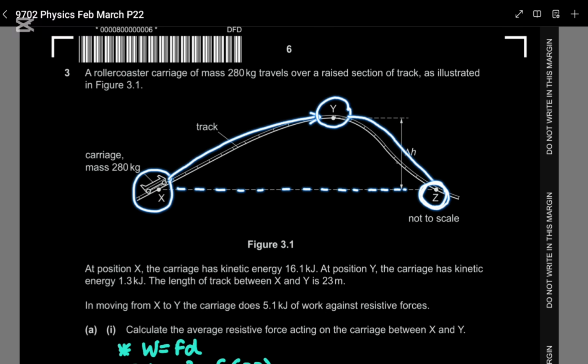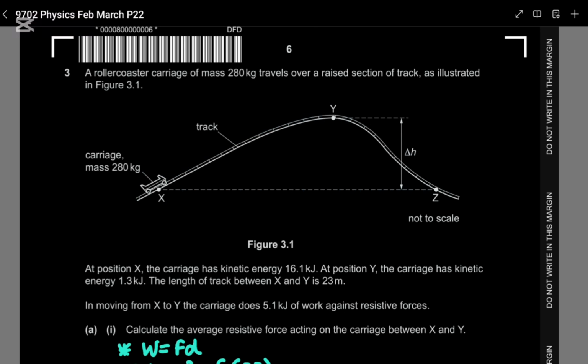X and Z are at the same level, so Vz would have been equal to Vx. But in this case energy is being lost in doing work against resistive forces, because there's friction over here. Not all the kinetic energy is being converted into GPE because there is energy lost.